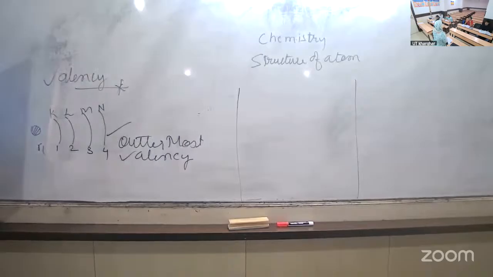One is the number of electrons present. Another is what is required to complete the stability of that particular orbit. Two things are there. Now this number is one. One electron is present. Again, one electron is required to complete the stability.